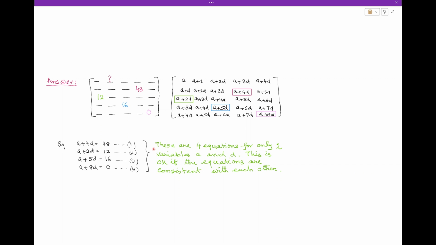Let us call these equations 1, 2, 3, 4. Now these are 4 simultaneous equations for only 2 variables, that are A and D. This is okay if the equations are consistent with each other.